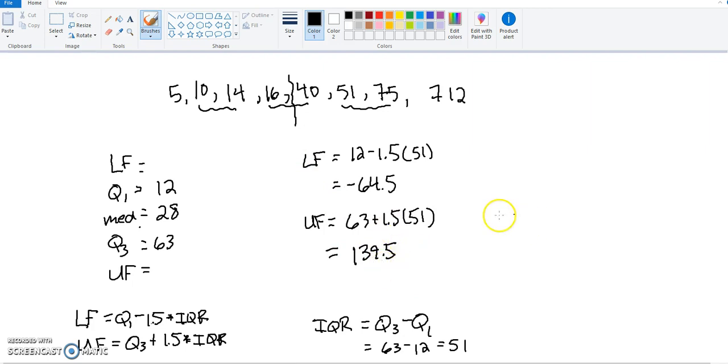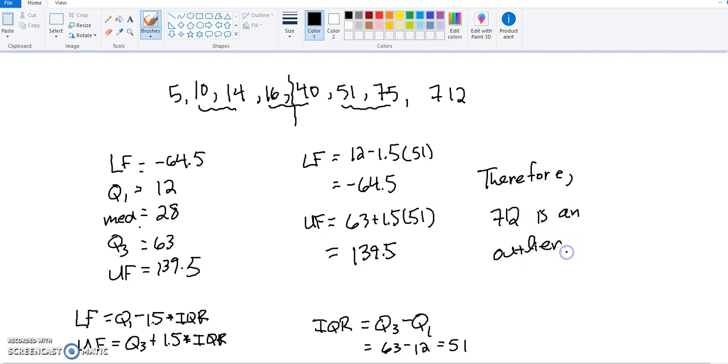Because 712 is such a large number, negative 64.5 was our lower fence, and 139.5 was our upper fence. So if you had any number that was either smaller than negative 64.5 or bigger than 139.5, it's an outlier. So therefore, 712 is an outlier.